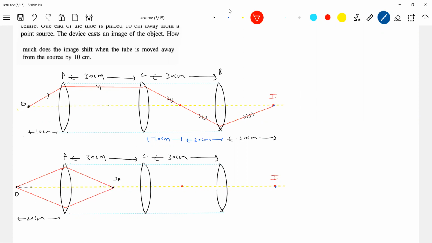And then, this will be at what distance? 20 centimeter from here. So this IA will become the object. What is the focal length of the lens? 10 centimeters. So the rays after refraction will become parallel.